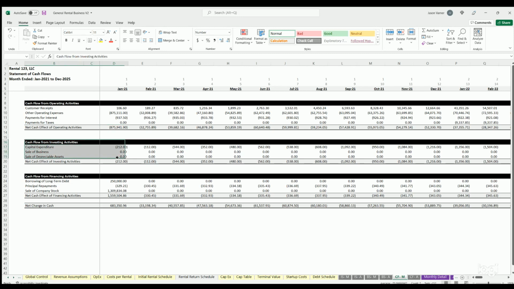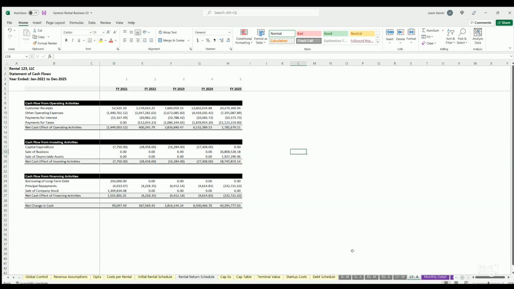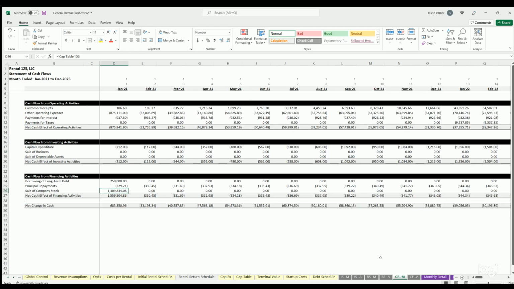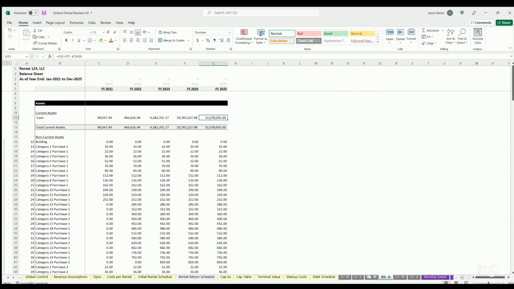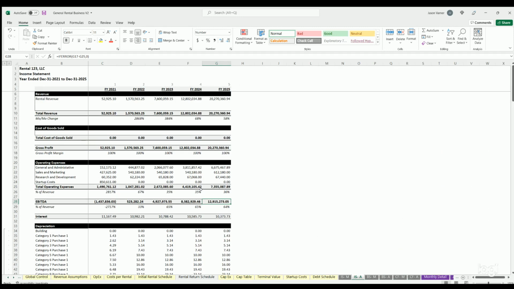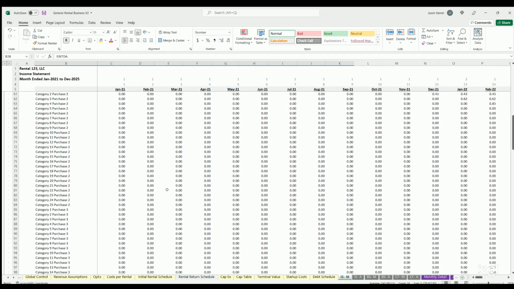Then you've got investing activities, CapEx, business sales, depreciable assets, and financing activities, which would be borrowing debt, principal repayments, and sale of common stock, or basically selling equity. Then this will all flow over to the balance sheet, and everything is all connected with all these financial statements. So you can get insights on the formulas there, which is pretty difficult to do for the first time if you're doing it, and if you are not, it's really good to have this here because it takes a long time to do and it's very difficult.